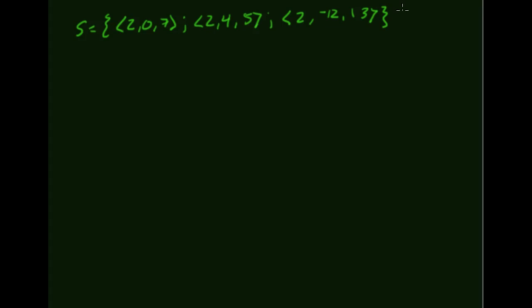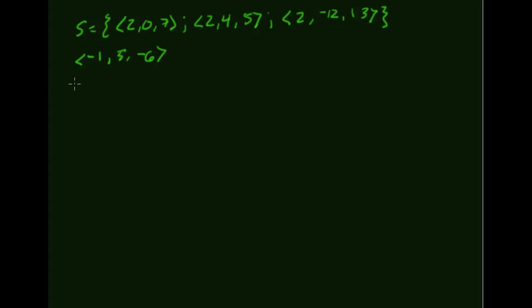We want to write the vector (-1, 5, -6) as a linear combination of these three.